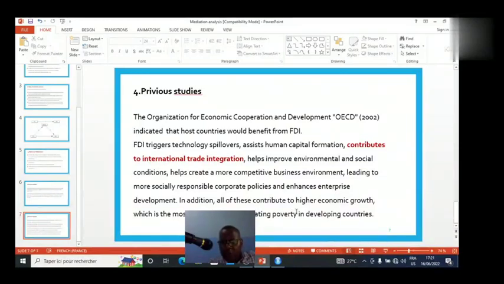In addition, these contribute to higher economic growth, which is the most important tool for alleviating poverty in developing countries. Now I have some basis: I have some prior studies which support the use of mediation to analyze the extent to which FDI has indirect effects.